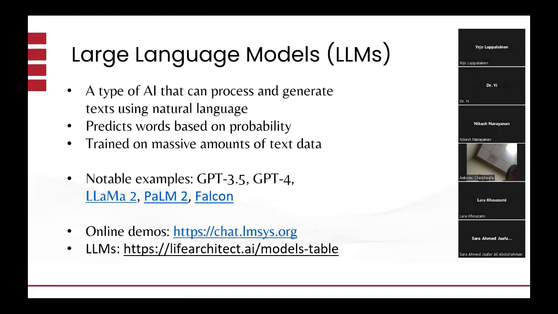But it's very sophisticated in doing that because they've been trained on massive amounts of data, so terabytes of text data, including websites, ebooks, social media, and so on. They are also doing this probability calculation iteratively, so every time it generates something new, it always calculates the probability again for the whole context.